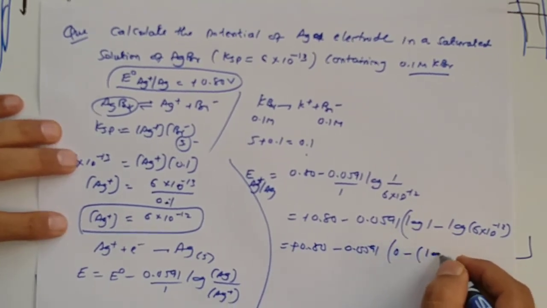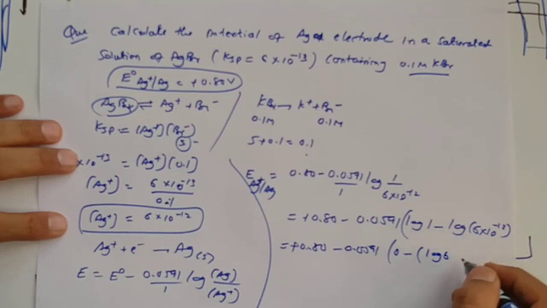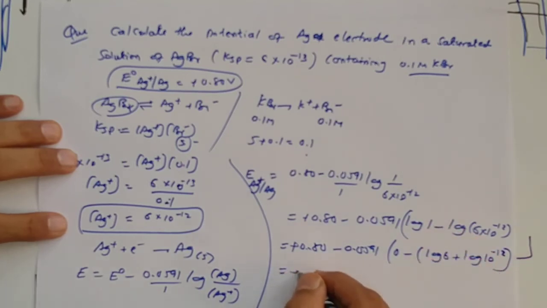Once again in brackets, the multiplication comes as a plus log, but here the sign ahead is minus.